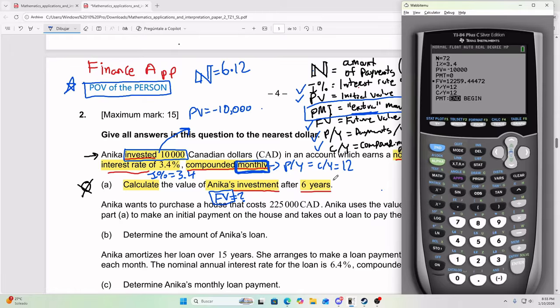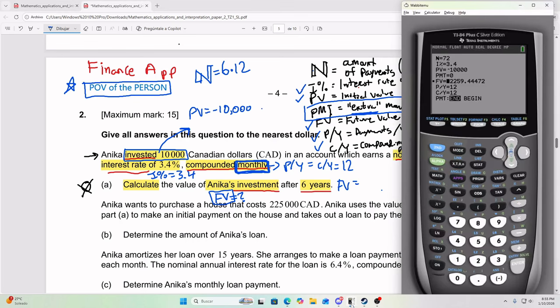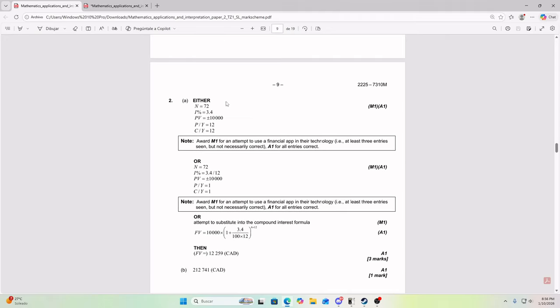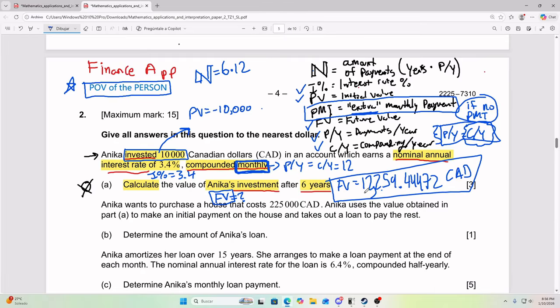So FV in this case is 12,259.44472. Don't forget your units in CAD. And if we check the answer key, it looks just about right: 12,259, 12,259.